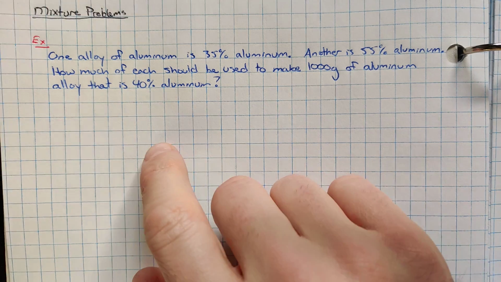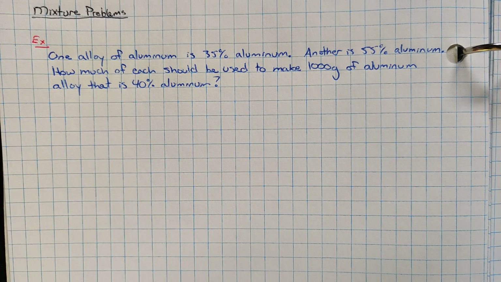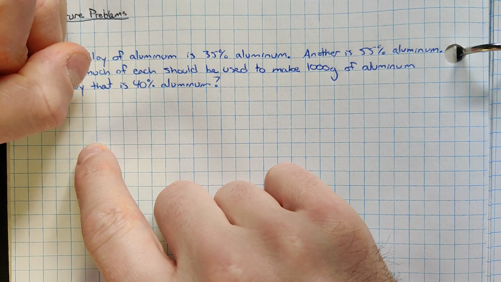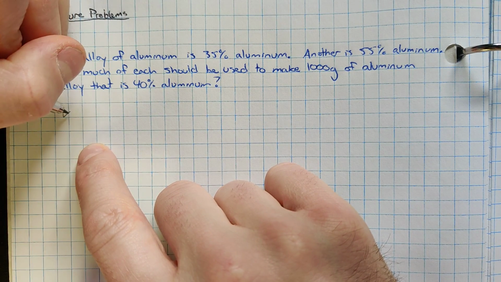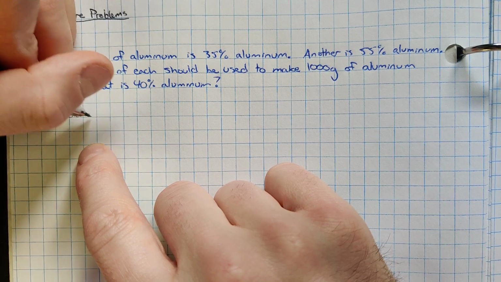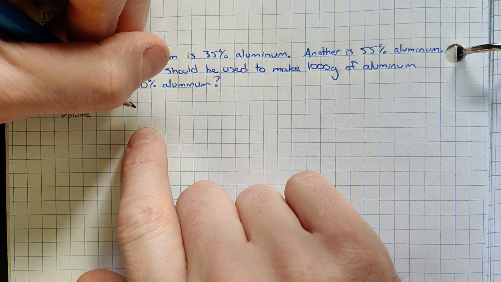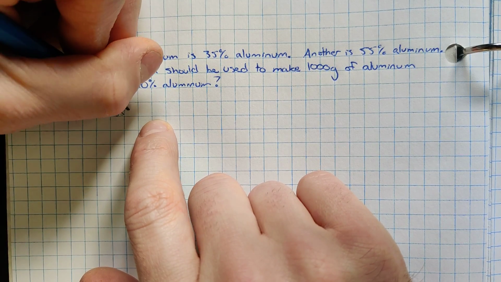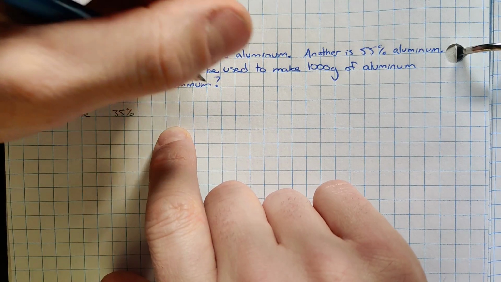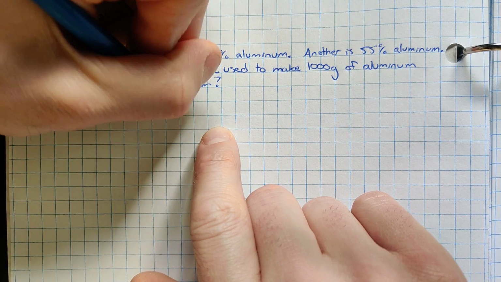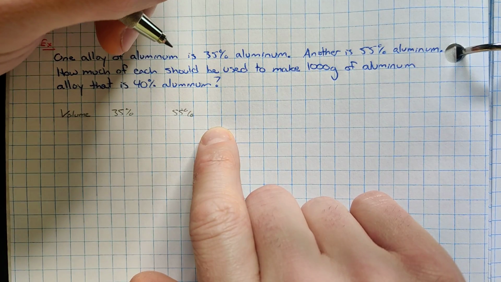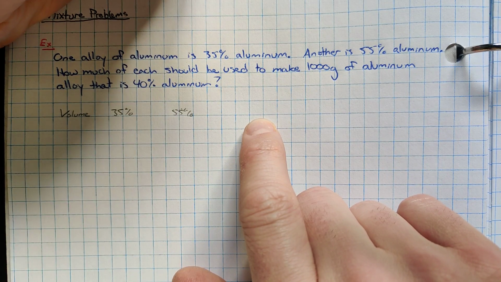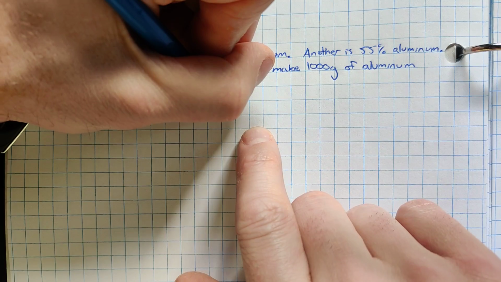So in this case, we can set this up again like the last one using a table. So the volume of each solution, and then the amount of 35% aluminum, the amount of 55% aluminum, and then the final mixture, which is 40%.